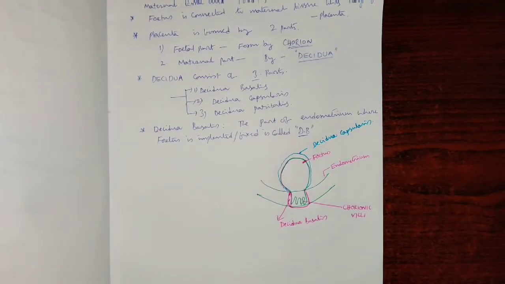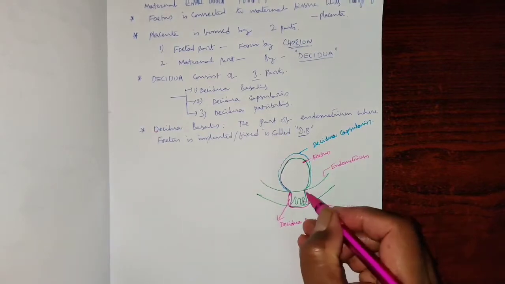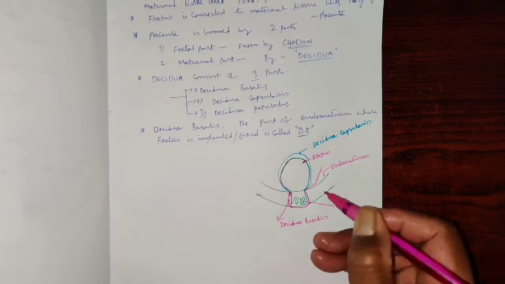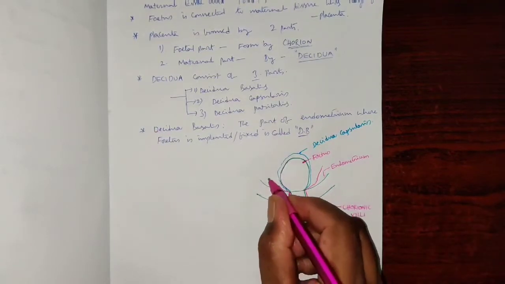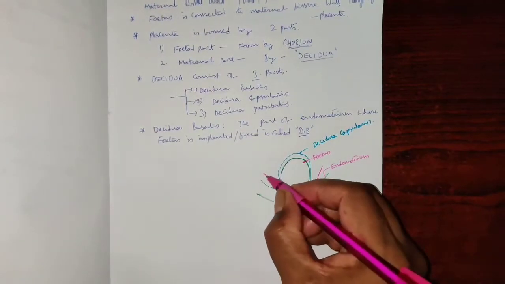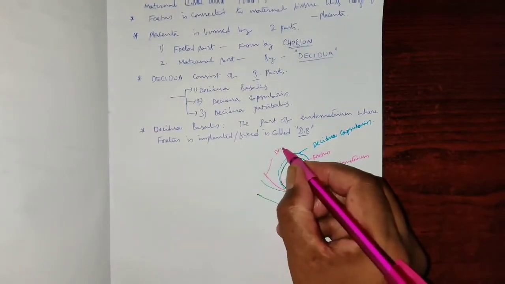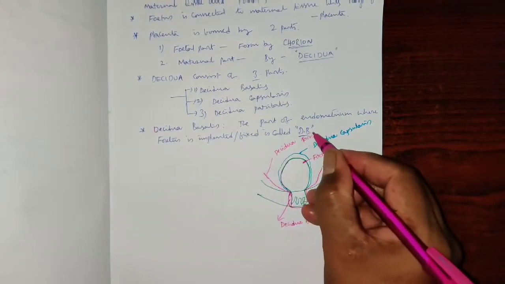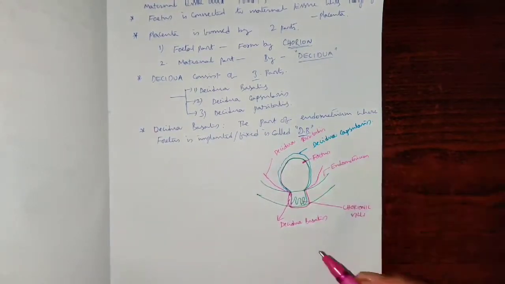And the place where the endometrium is not in contact, this part we can call decidua parietalis.